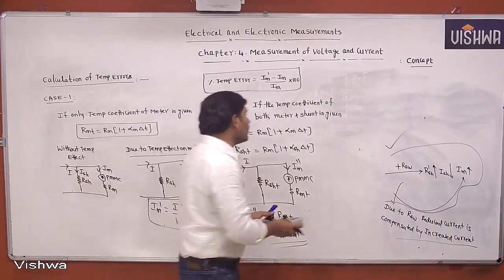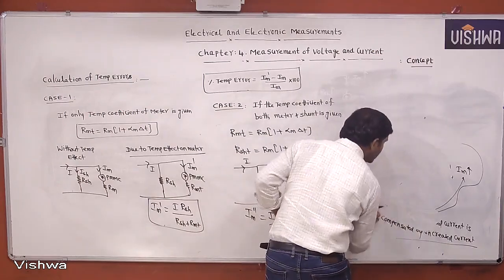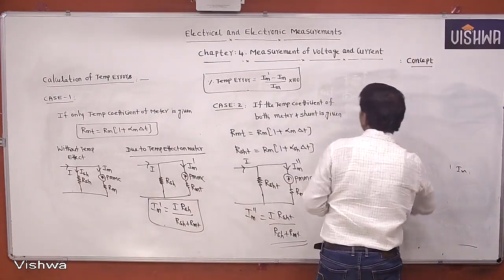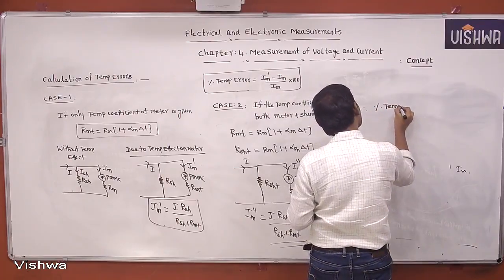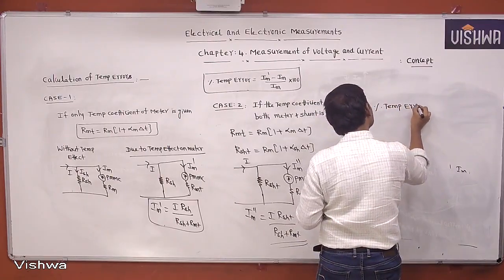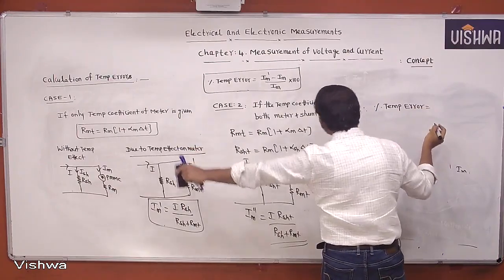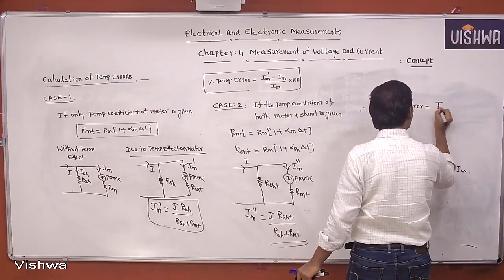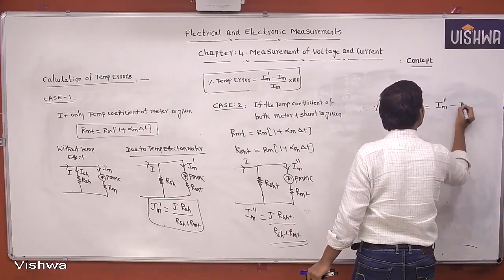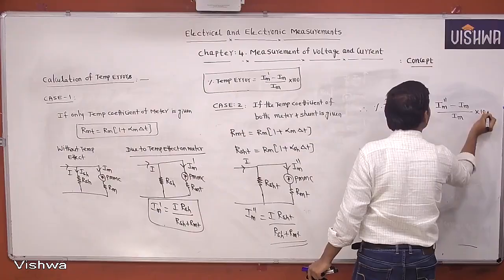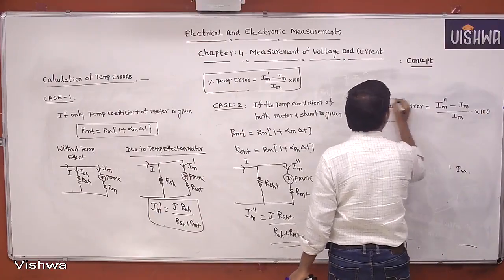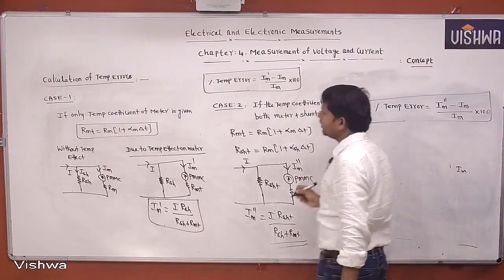Once you know the IM double dash, then how do we calculate percentage temperature error? You tell me. Percentage temperature error equals the measured value, IM double dash, minus the true value, IM, divided by the true value IM, into 100. Like this we calculate. Simple calculations.